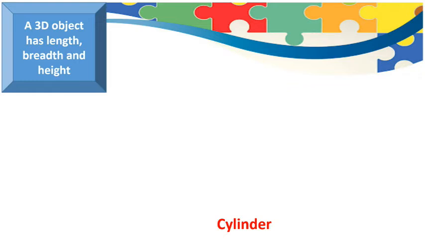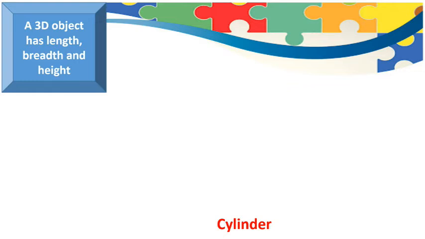An example of a 3D shape is a prism or a sphere. 3D shapes are multidimensional and can be physically held.